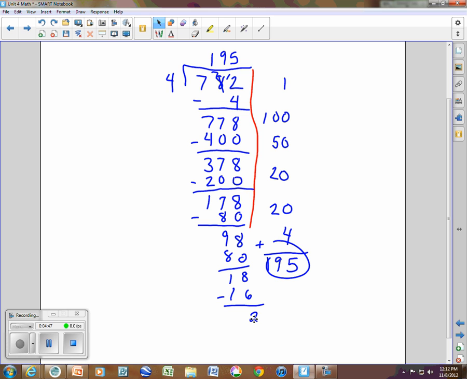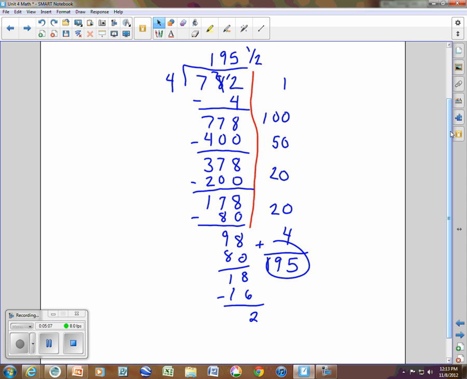And I have a remainder of 2 fourths. And as a bonus, some of you would realize that a better way of saying 2 fourths would be 1/2. So 782 divided by 4 is 195 and 1/2.